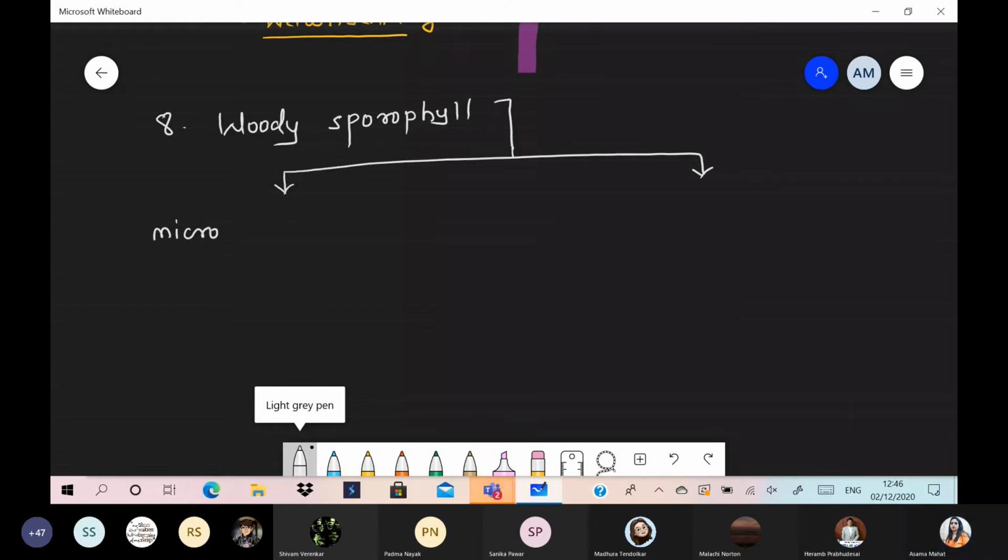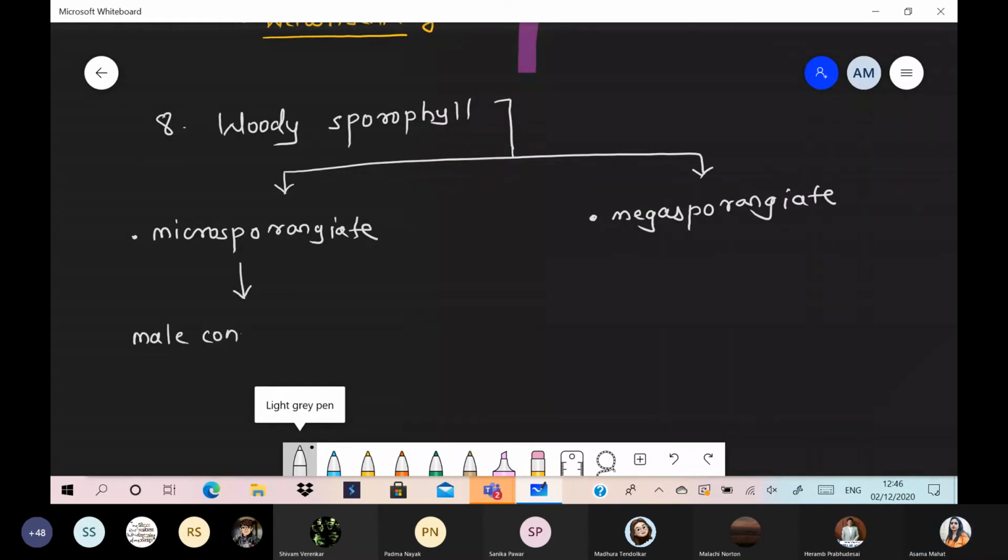Number 1, microsporangiate. And the other one, megasporangiate. Microsporangiate is nothing but the male cone, or these are also called the male strobilus. Here the word strobilus has come, because we discussed this part earlier.